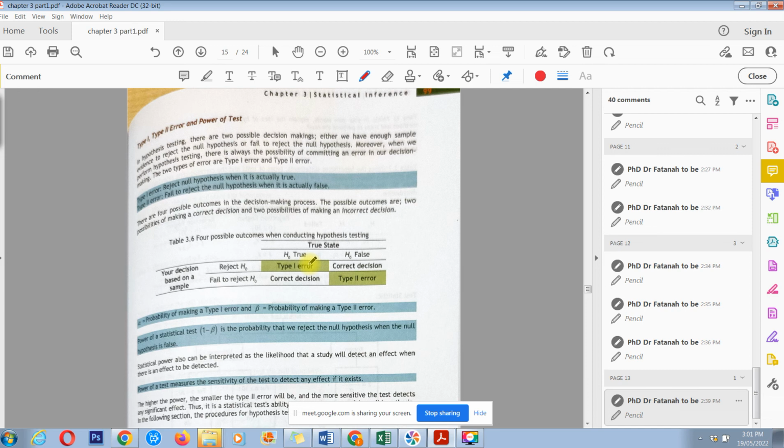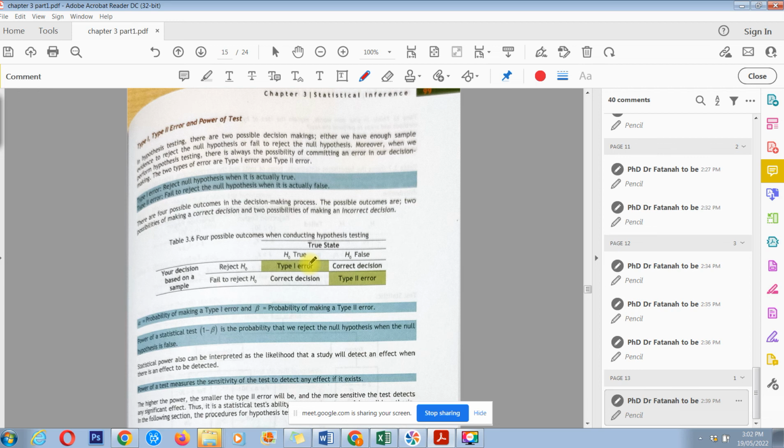For the type 2 error, it happens if H0 is actually false, but from the data and the analysis we make, the figure makes us conclude that H0 is correct.